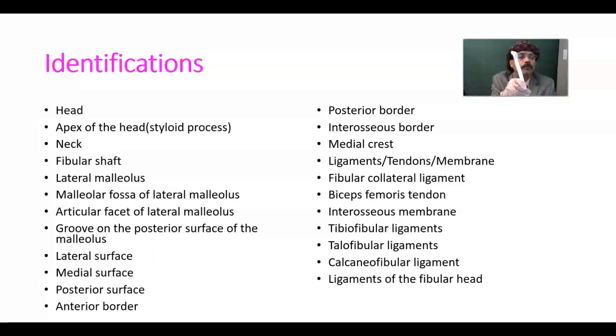We also have the tibiofibular ligament, anterior and posterior talofibular ligament in the lower part, and the calcaneofibular ligament at the margin of the malleolar fossa. We have the ligament of the fibular head in the upper part, which articulates with the lateral condyle of the tibia.